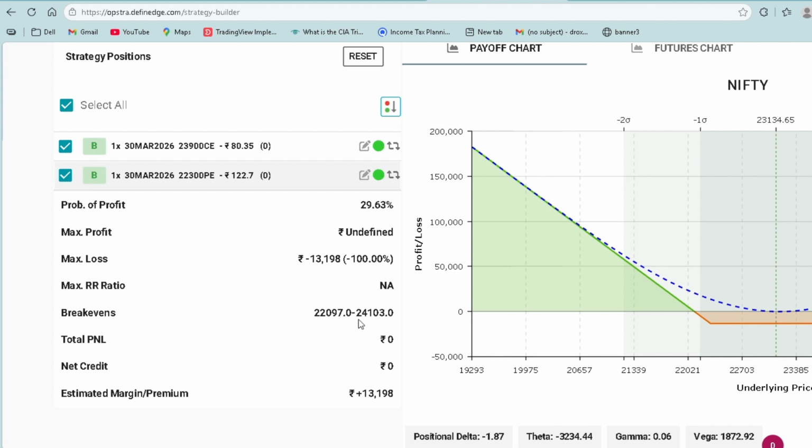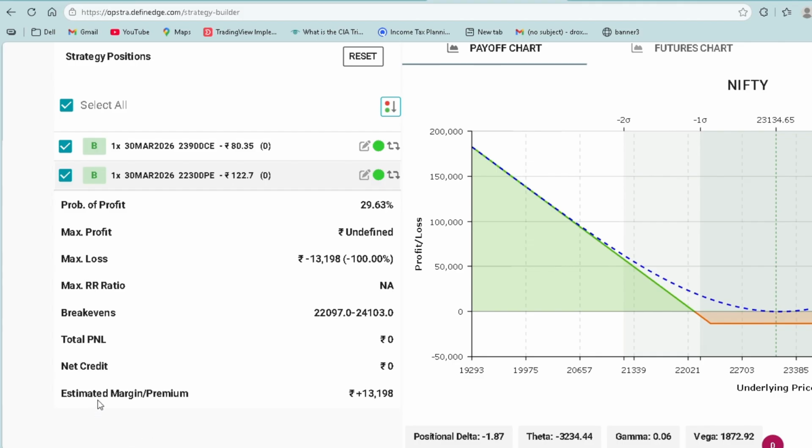Break evens are around 2,000 points, whereas in the previous strike it was around 1,500.